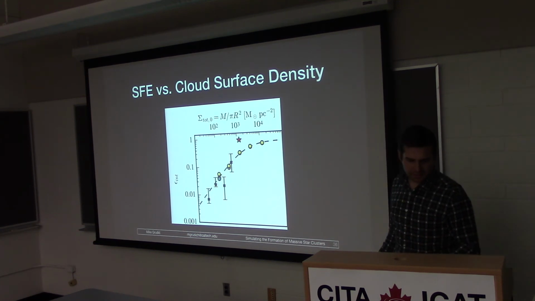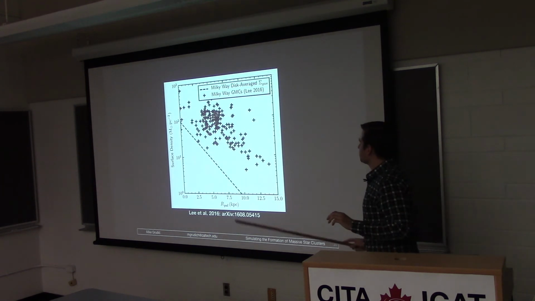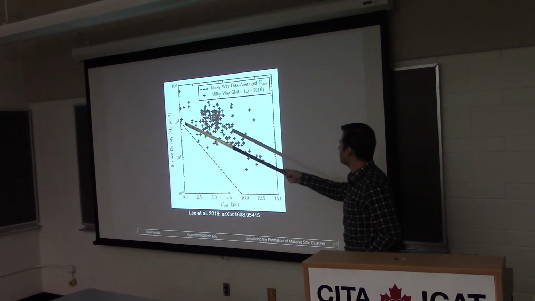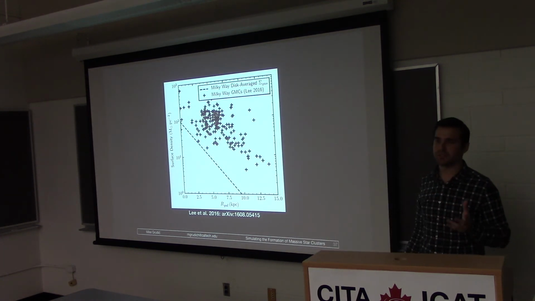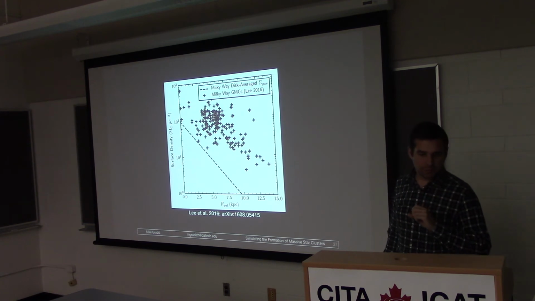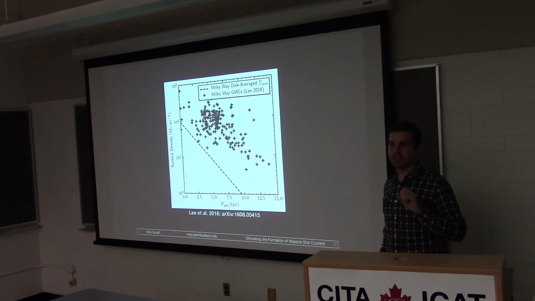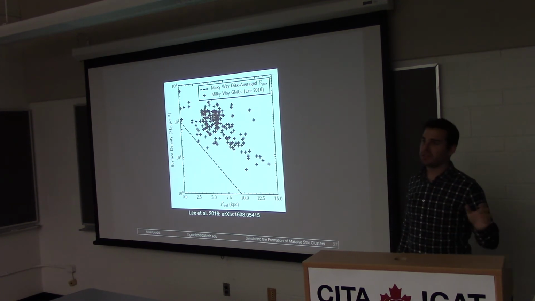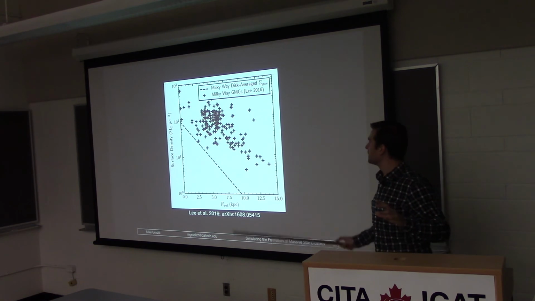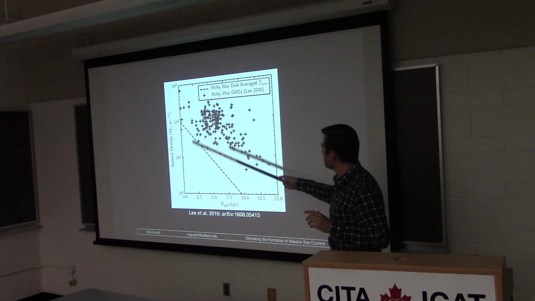But on the other hand, the surface density of molecular clouds within a disk galaxy doesn't actually vary that much in the region where you see most of the star formation. So a possible explanation for why we're not actually seeing very strong evidence for a scaling in the cluster formation efficiency is the fact that we just don't see much diversity in the surface density of these GMCs.